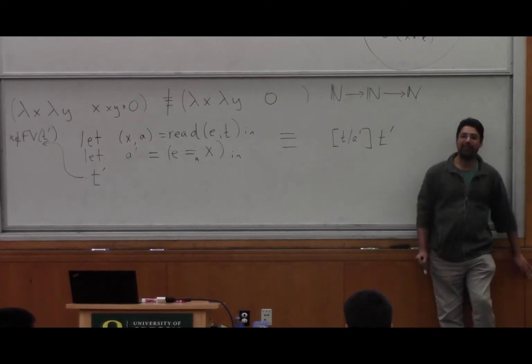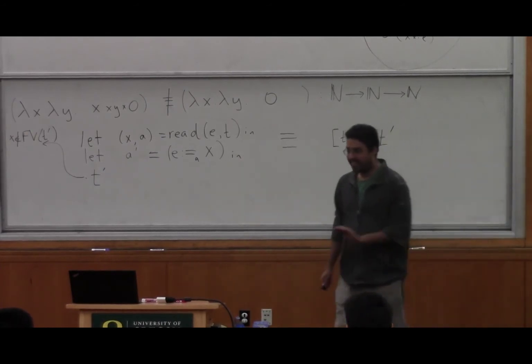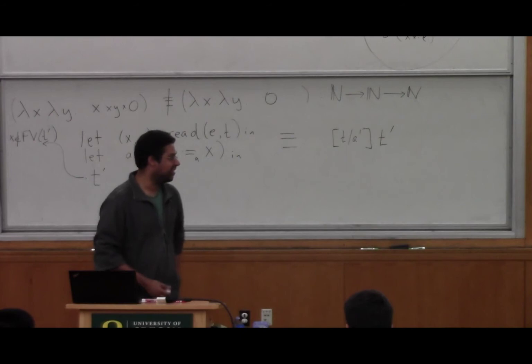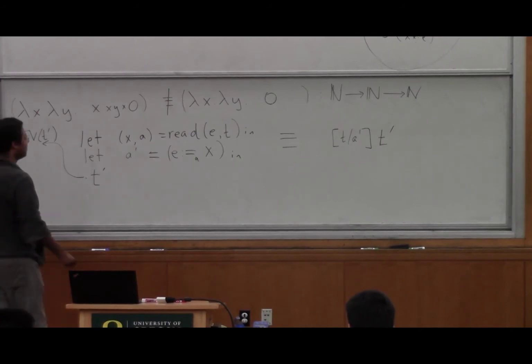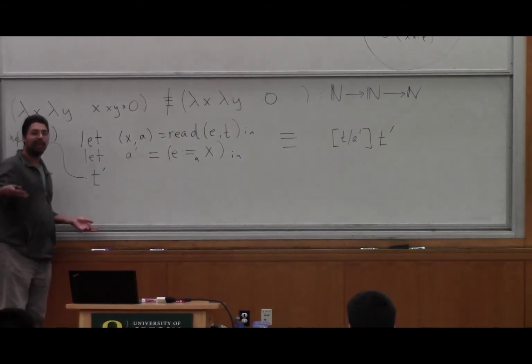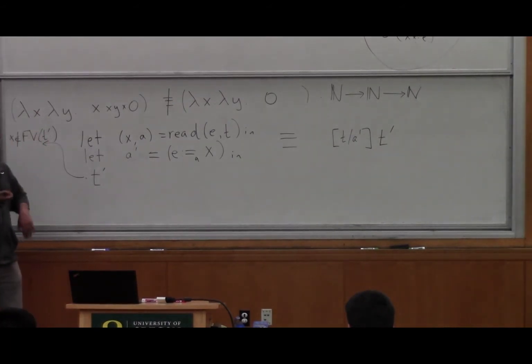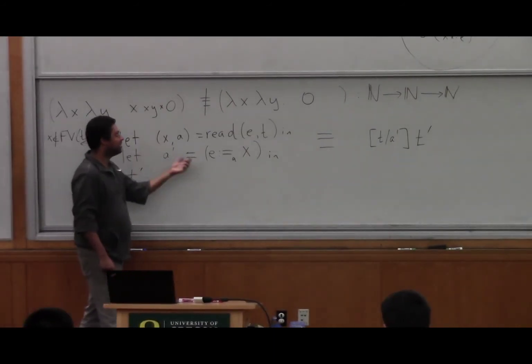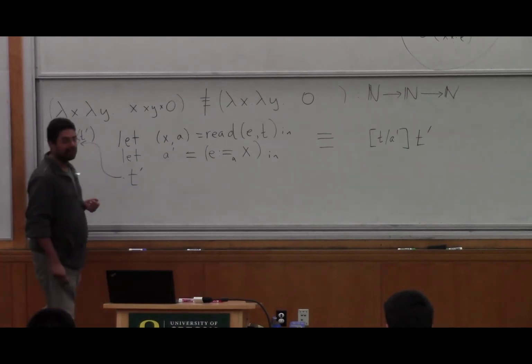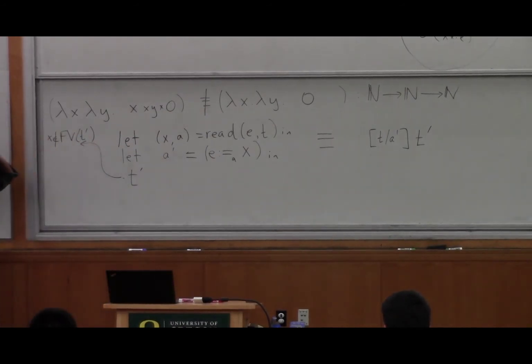Okay, so that's like total unanimity here. And I want to make an observation, which is that when you're doing this kind of reasoning, what you don't do is say, well, let's assume we have a heap and then reason about the operational behavior of the program. Instead, what we do is we exploit sort of shallow syntactic facts about the program.